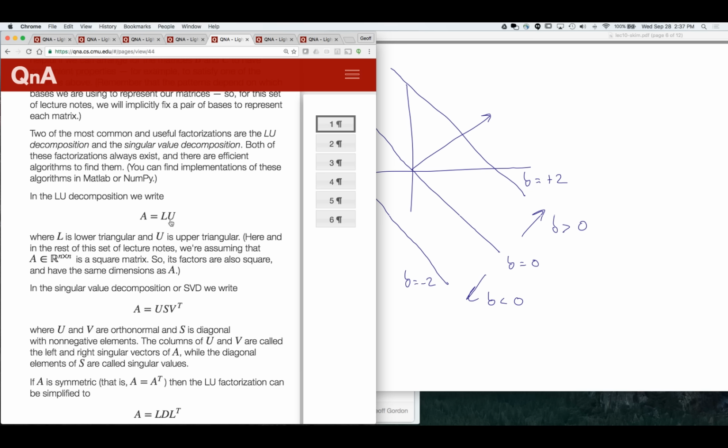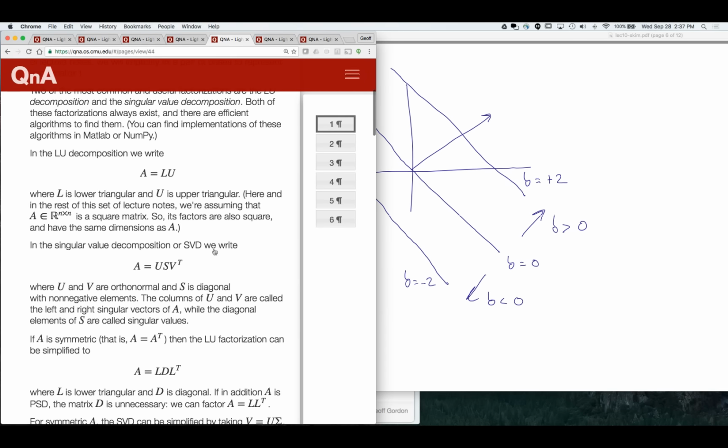We factor A into the product of a lower triangular and an upper triangular matrix. And then we solve the equations with the upper triangular matrix, and then another set of equations with the lower triangular matrix, and we get a solution to the original set of equations. SVD.